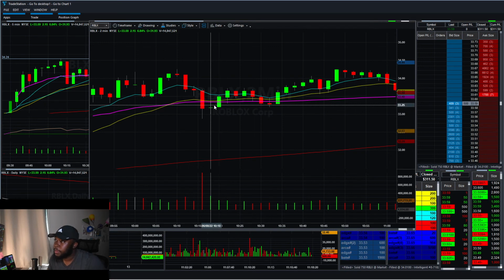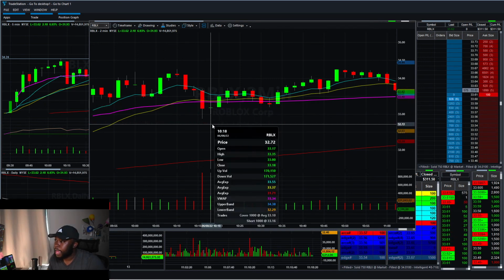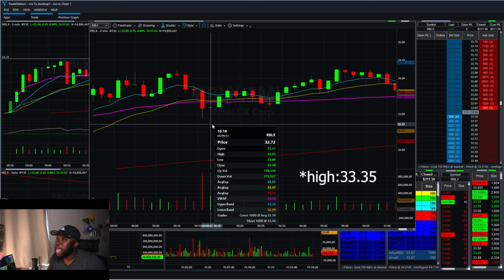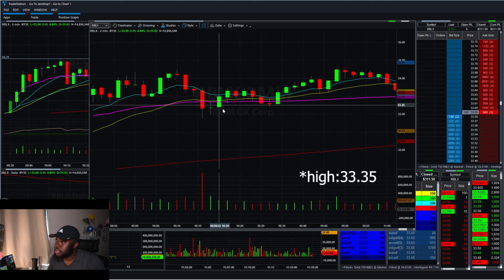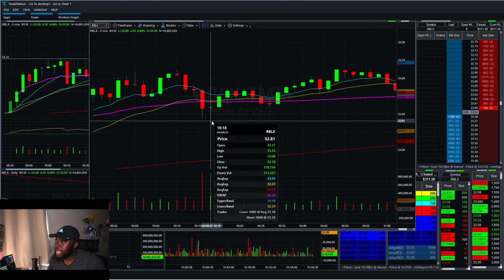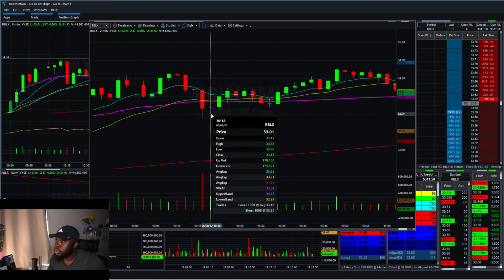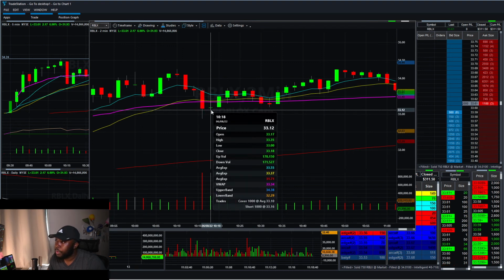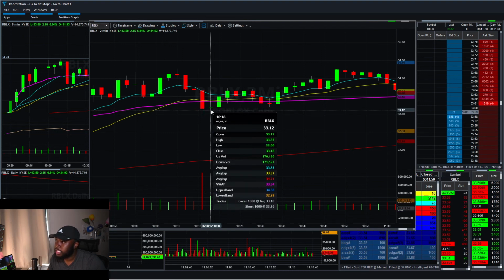So you can see that price opened up at 33.35. It went to a high of 33.17. So 33.17 is right here. And then it went to a low of 33, and it bounced off that 33, which is support, and then it closed close to the open, which is 33.18.